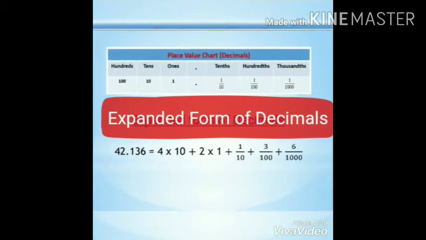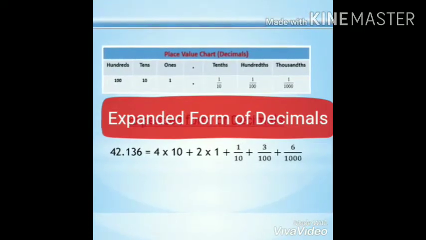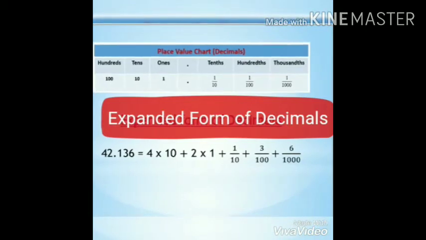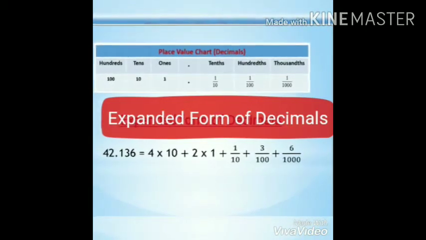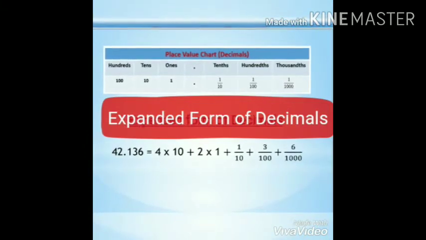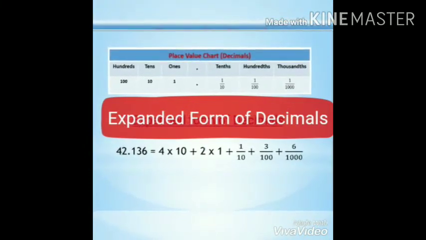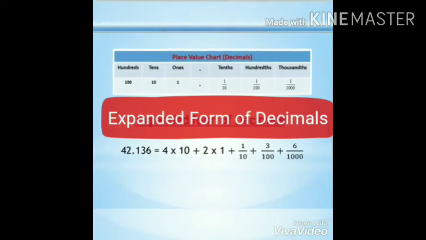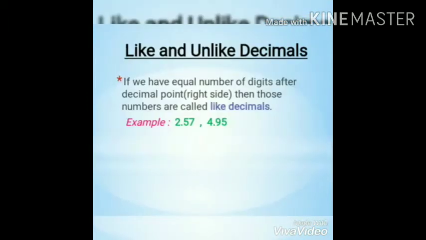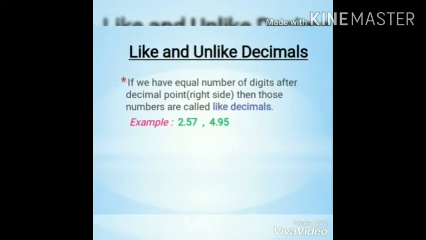So we can write it 4 into 10 plus 2 into 1. Here 1 is the tenths place number, so we can write it as 1 upon 10. 3 is the hundredths place number, that means 3 upon 100, and 6 is the thousandths place number, that means 6 upon 1000.